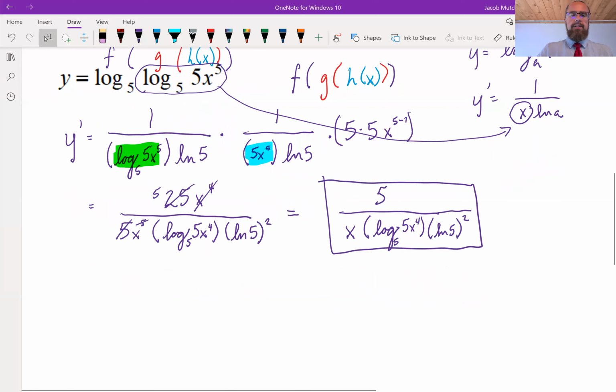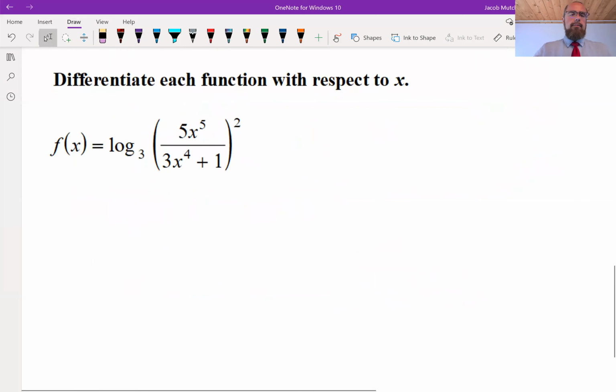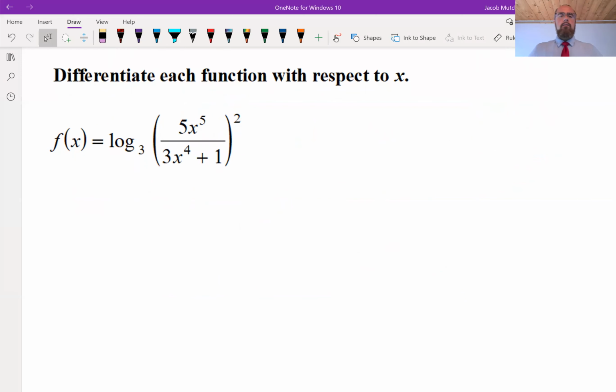Our last example is this function, f of x equals log base 3 of 5x to the power of 5 over 3x to the power of 4 plus 1 quantity squared. So what I want to do is expand this logarithm first and then take the derivative using my rules, and then simplify the answer from there.